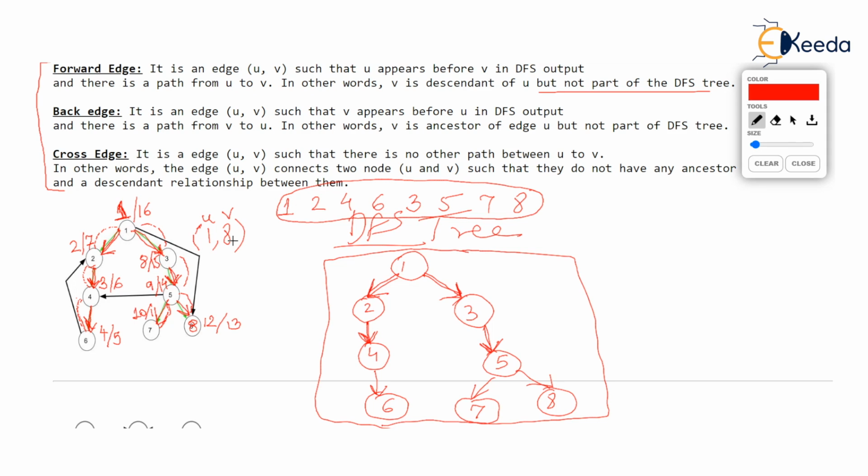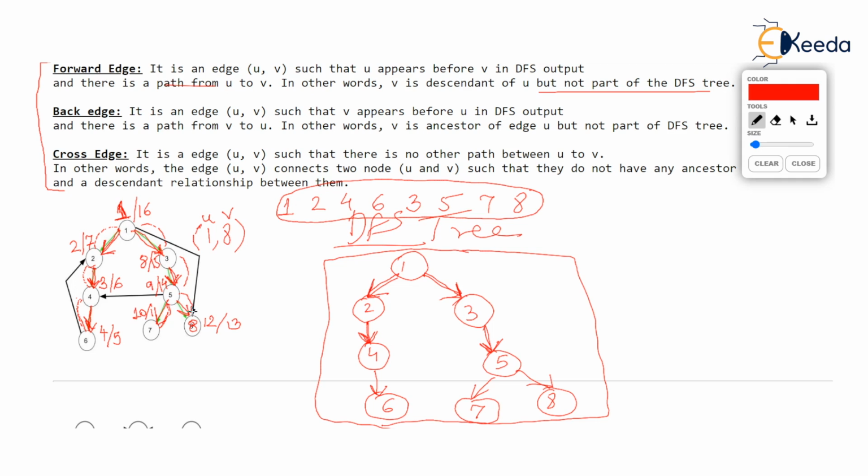But that's not enough. It's not that now it will be called a forward edge, because the definition says that u appears before v in the DFS output. Yes, 1 appears before 8, but there should be a path from u to v. And there is a path, come on, 1 to 8, there is a direct edge from u to v.